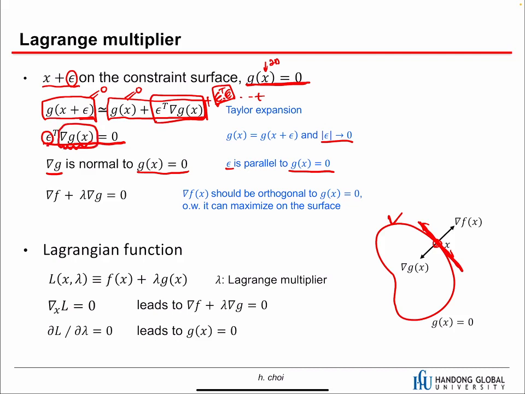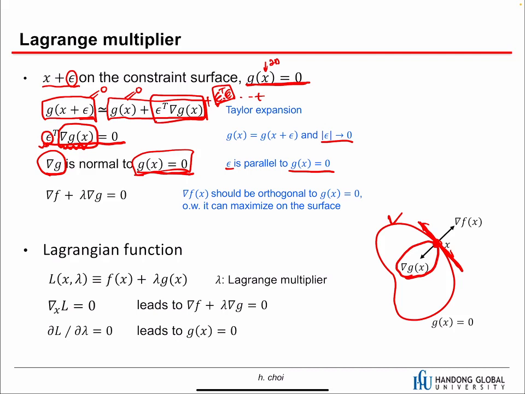When the inner product between two vectors is 0, the two vectors are orthogonal. So since epsilon is parallel to this surface, the gradient of g should be orthogonal to this surface. Now we got this direction: the gradient of g is orthogonal to this surface.